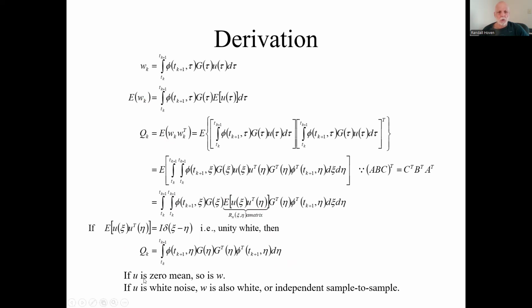So we're going to assume, if the continuous time input is 0 mean, so is this W, which is the input in discrete time. And if U is white noise, the W is also white, meaning when it's discrete, it means independent sample to sample.